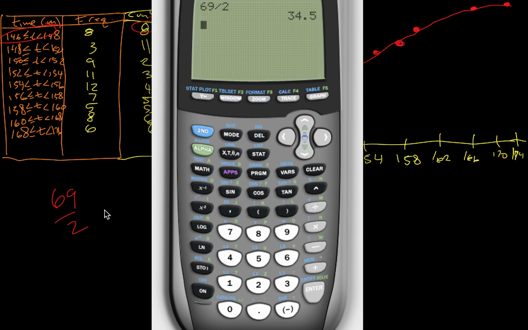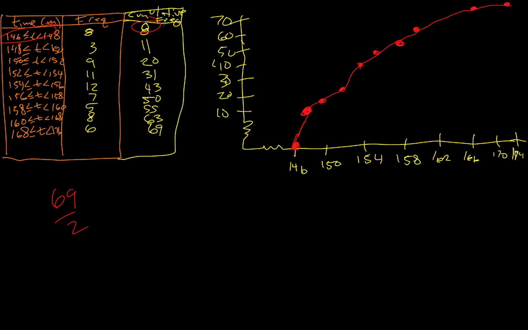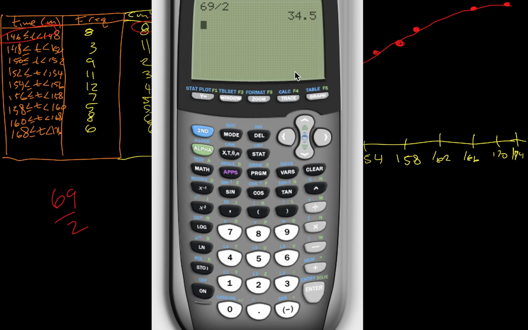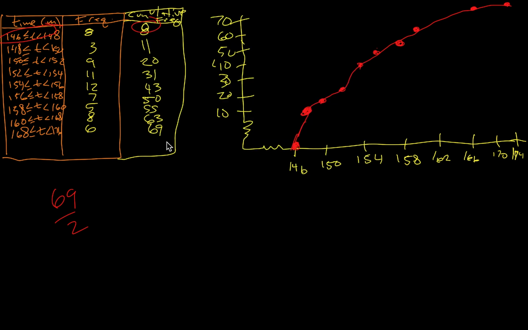So whatever the 30, oh wait, sorry, that's not how we do it. If we want to know how many, yeah, so the 35th person. Essentially the 35th person finishing the race is where we're going to look.